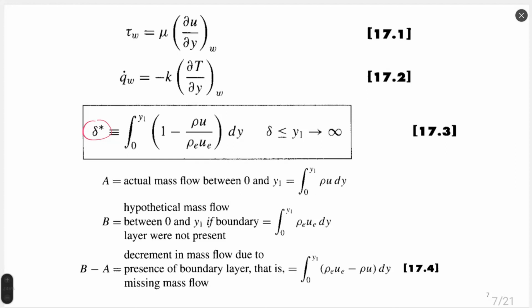Let's have one example. I will have a wall and a boundary layer on this wall. For example, starting from this point and growing this boundary layer. On this boundary layer, I will draw a profile of velocity like this.